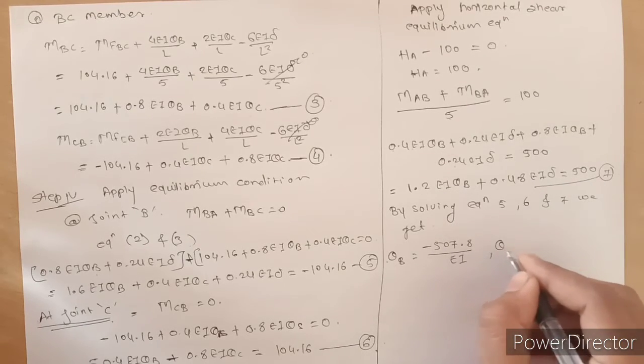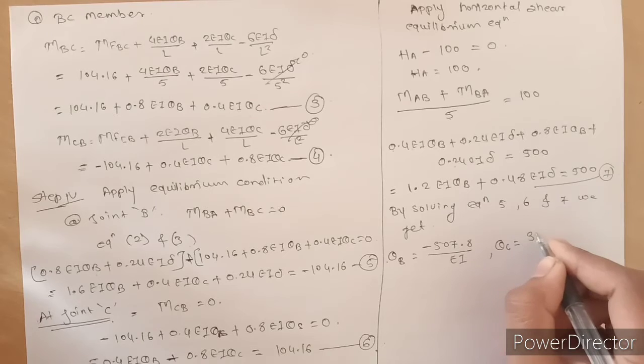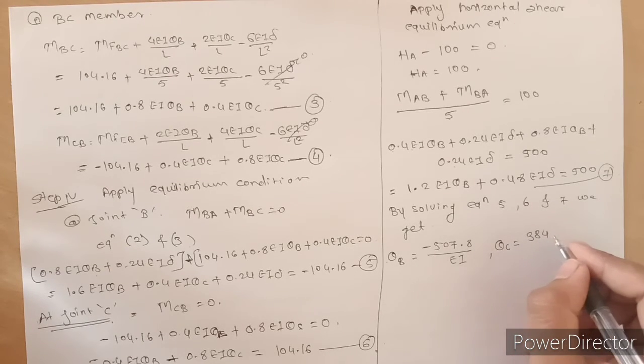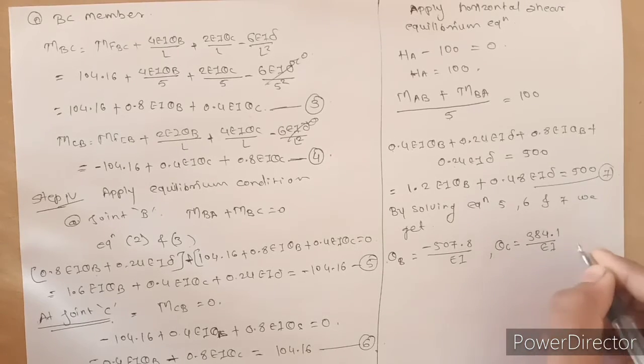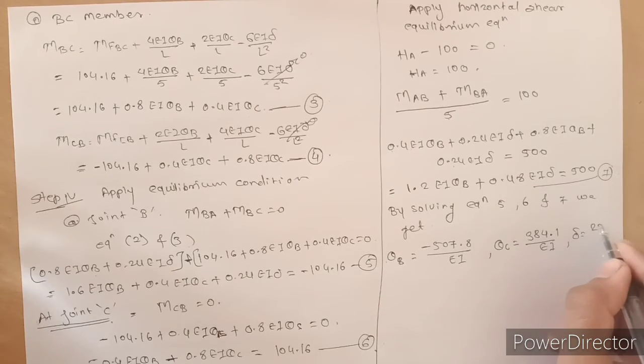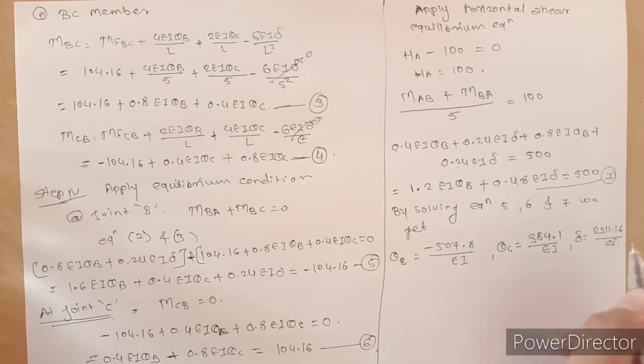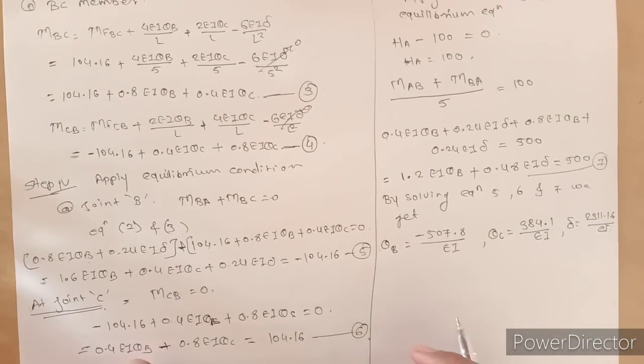Then theta C is equal to 384.1 divided by EI, and the delta term is 2311.16 divided by EI.